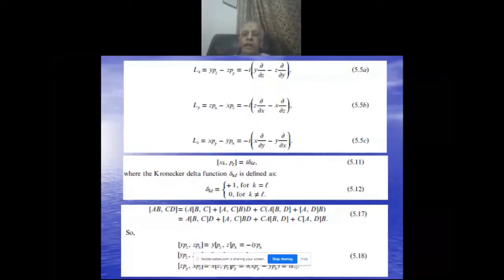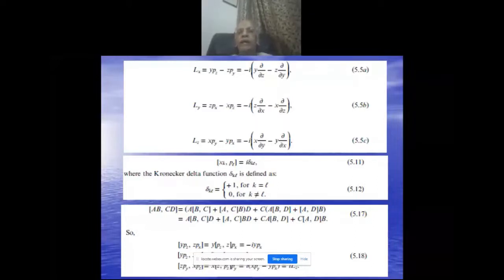So these are known as canonically conjugate variables, and there are pairs of such variables. The delta kl written there is the Kronecker delta function, which all of you know. So for position and momentum, 5.11 tells you there is a commutation relation, which is the Heisenberg uncertainty principle in algebraic form.